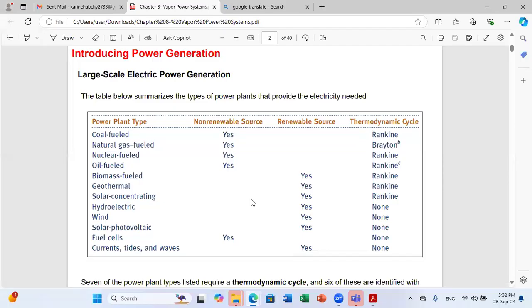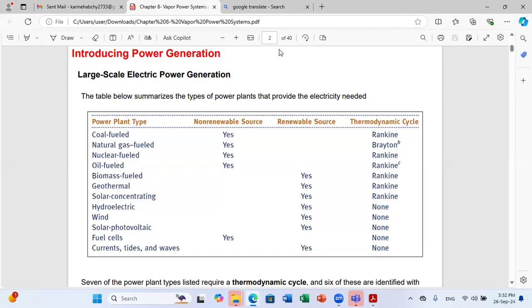So if we want to explore several types of power plant, in this course we'll go over several resources of energy, including fossil fuels, coal, natural gas. Then we'll explore renewable resources such as solar, hydroelectric, wind, etc. But even if we consider different types of sources, in the majority of these sources we can use them in thermodynamic cycles.